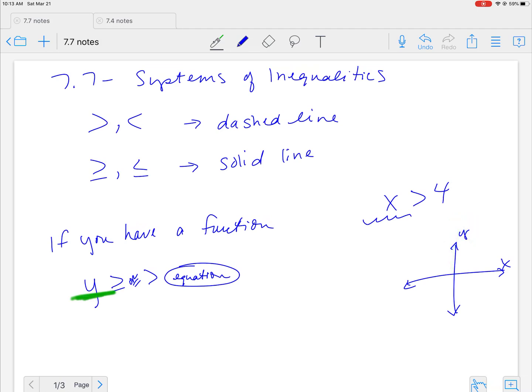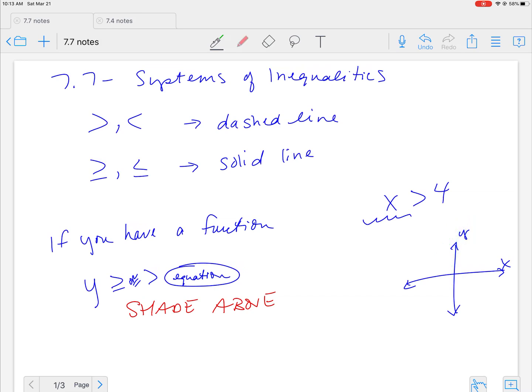So if my y is greater than whatever equation, parabola, polynomial, all of these different things, where my y value is greater, then I'm going to be shading above, because that's where my y values are getting bigger and bigger. That's going up. That's going to be above.